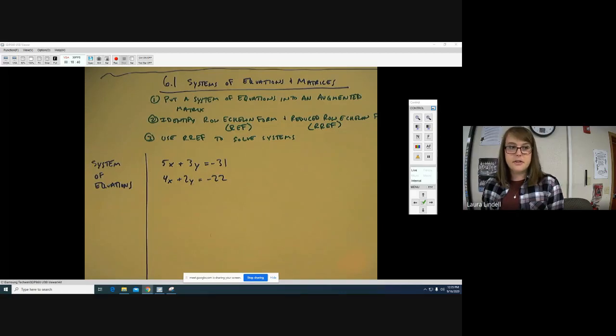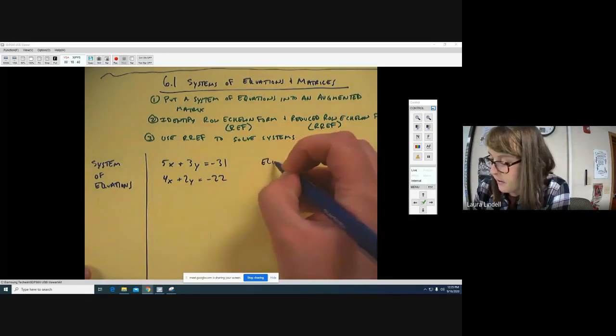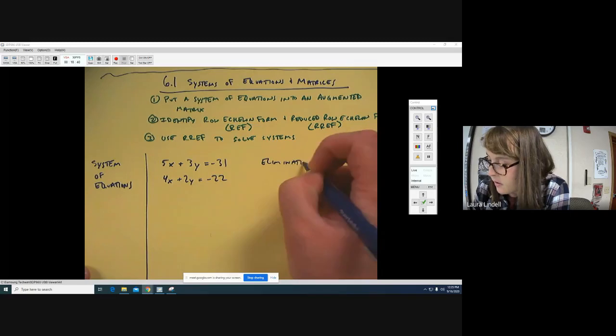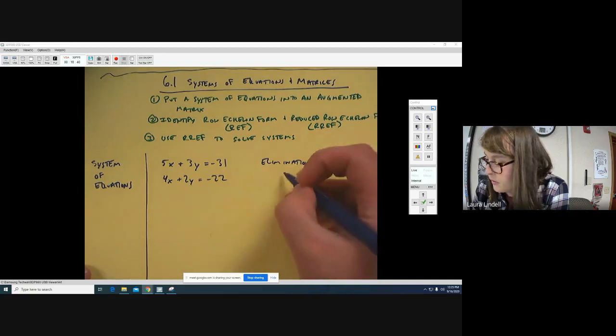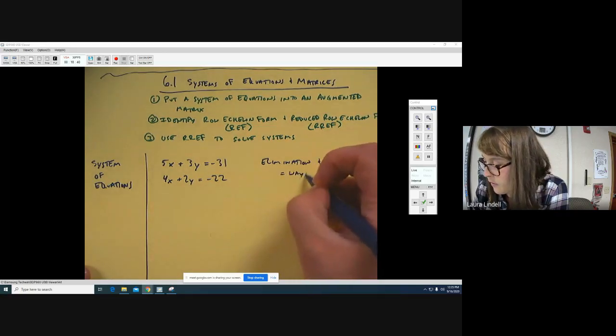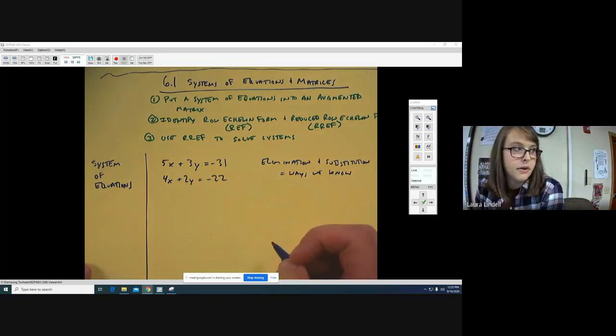And 2, it was easier to stick it into a calculator. So that's where we get, so we used to use, you know, like elimination and substitution are the ways we know. Now we're going to do it the matrix way.